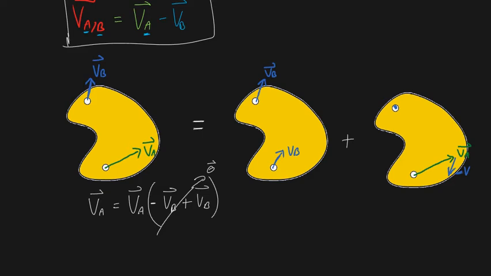That's going to be minus VB. Okay, so this complicated movement in this first left-hand side drawing can be split into two different types of simultaneous movement. One where you've just got two VB vectors acting at points A and B, and in order to finish off the equation, because you can't just choose to replace this with an arbitrary vector, you have to make it the same, so we know that it has to be VA minus VB on the right-hand side.